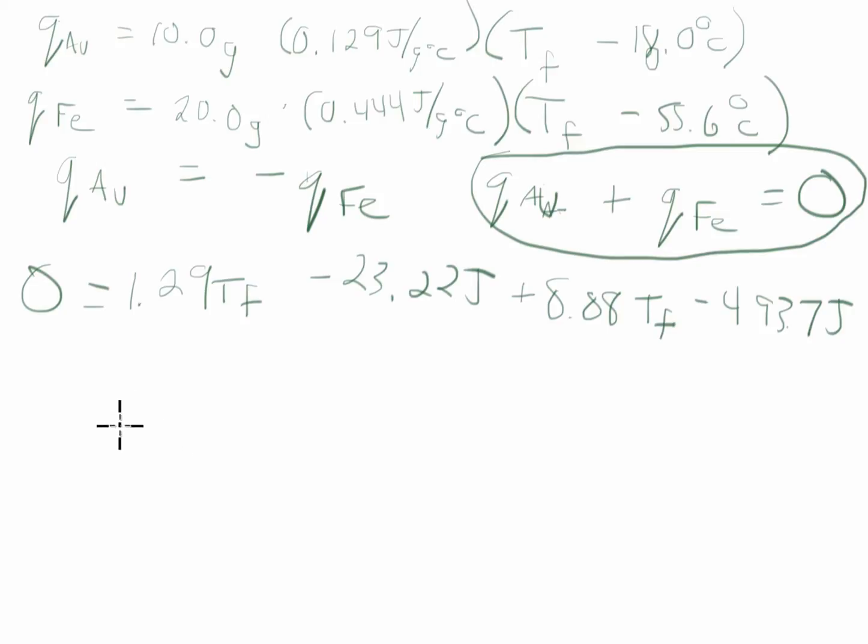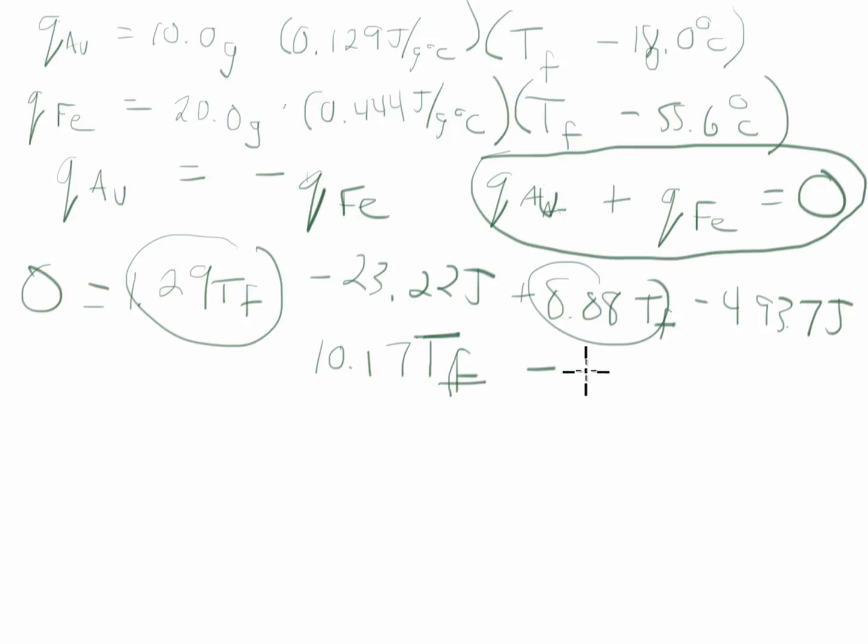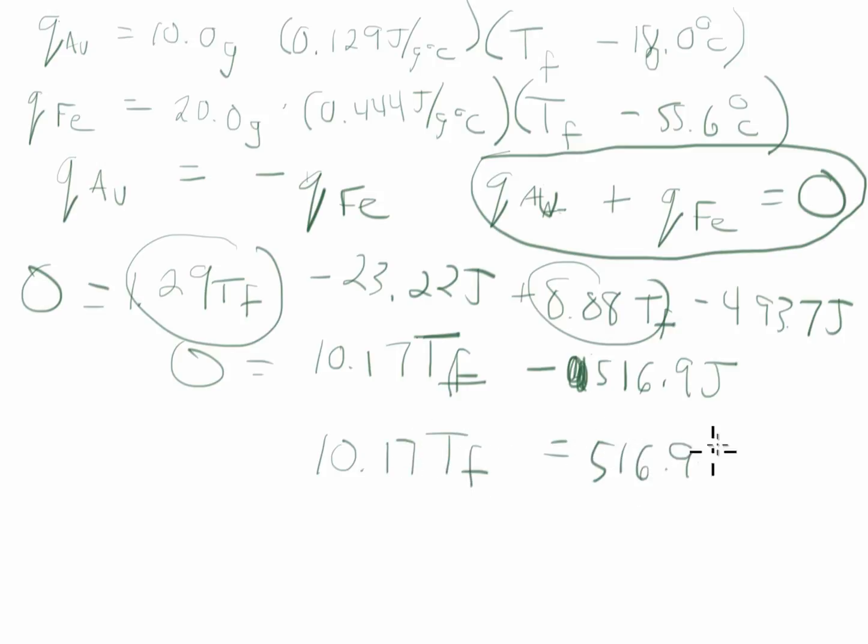If you add these, you get 10.17 times the final temperature minus 516.9 joules equals 0, or 10.17 times the final temperature equals 516.9 joules.